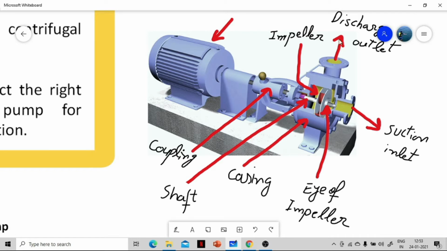That fluid comes out to the discharge outlet, and the impeller is placed in the casing, and it is connected via a shaft to the coupling, and the coupling connects the shaft of the pump to the shaft of a motor, and the motor provides electrical energy that finally converts into hydraulic energy. So these are some main parts of centrifugal pumps.